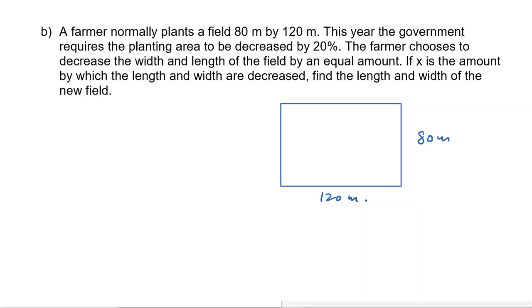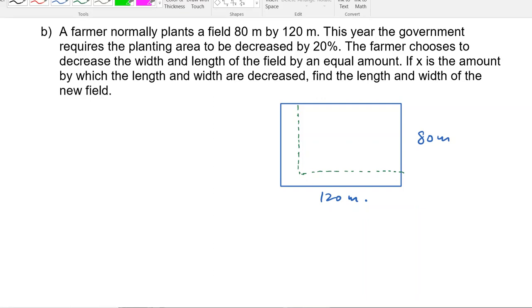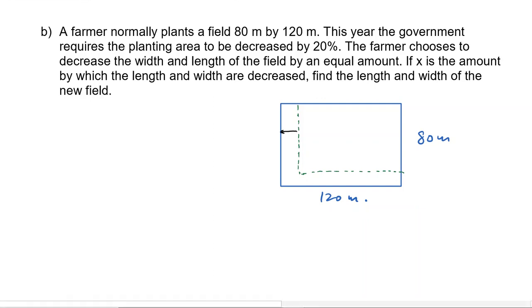So if the planting area is decreased by 20% and he decides to do it by decreasing the length and width by an equal amount, it means he reduces the length by x and the width by x.